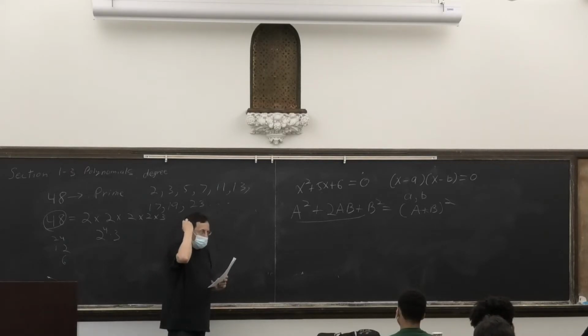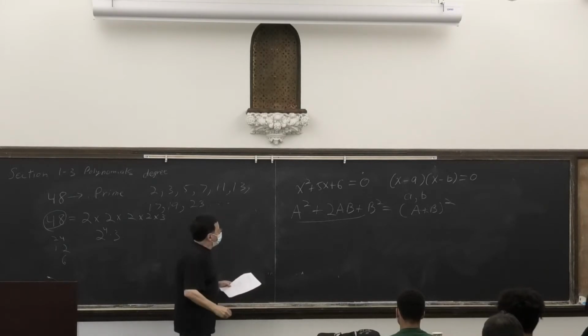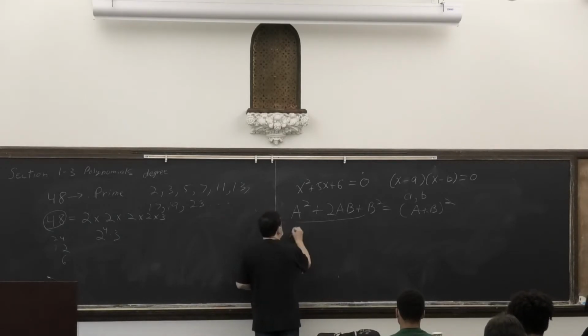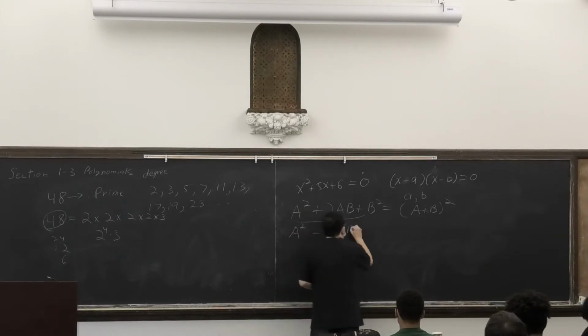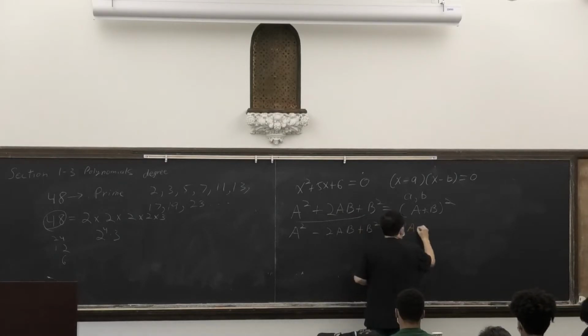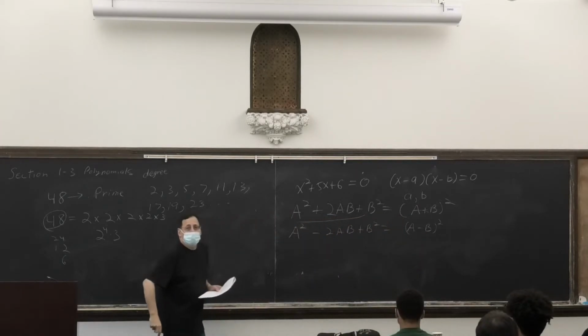Again, etch it into your memory or get a tattoo. Similarly, a squared minus 2ab plus b squared is going to be a minus b squared. Or, if you like, b minus a squared. It's the same thing.